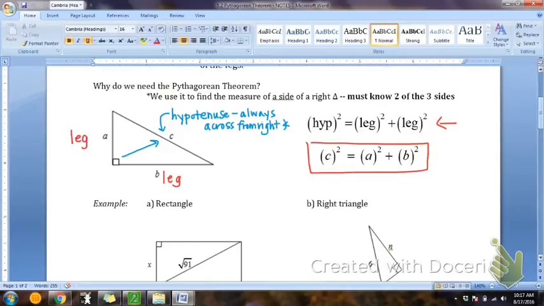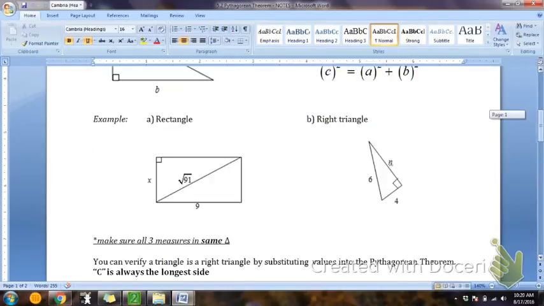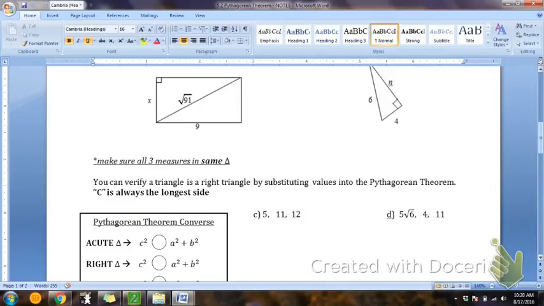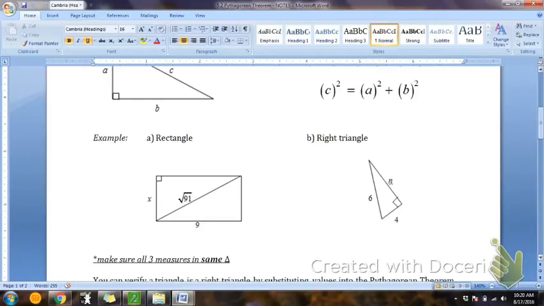All right, so let's do a couple examples here. If I have a rectangle, let's remember our formula is c squared equals a squared plus b squared. So I'm going to go ahead and write that down at the top of where my example is. So here is c squared equals a squared plus b squared.